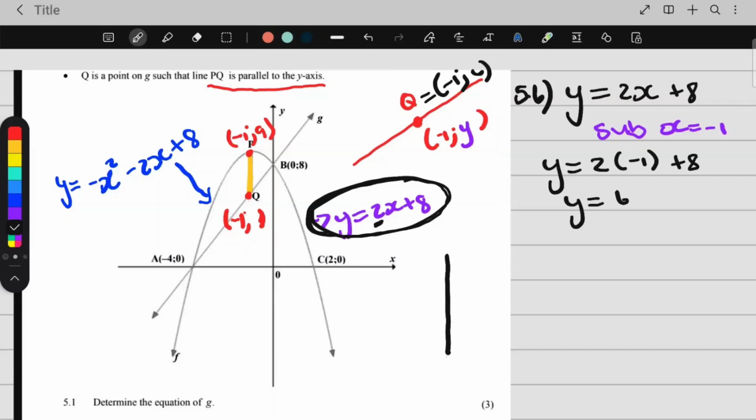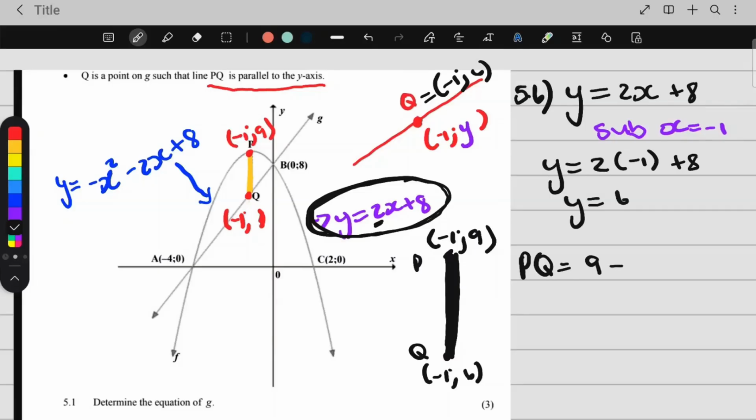So if I have a line like this, and this is negative 1 and 6, and this is negative 1 and 9, so I'm taking P and Q out there. So I'm just showing you. I want the distance of this line. So what I am going to do is, I'm going to say PQ is then top minus bottom.